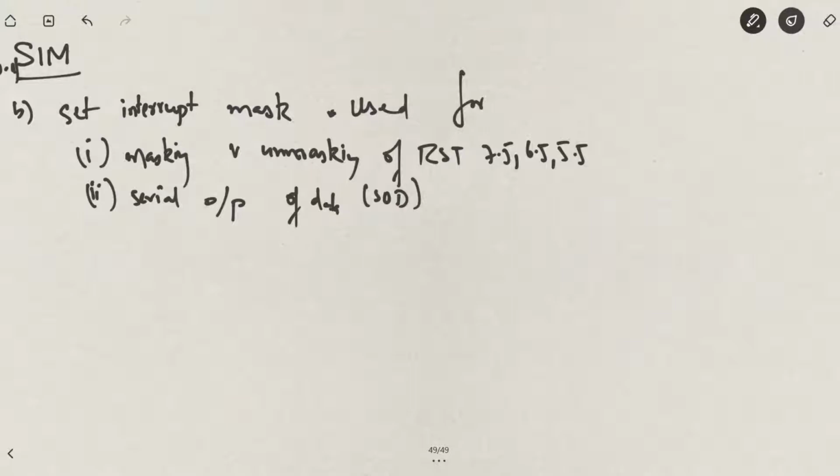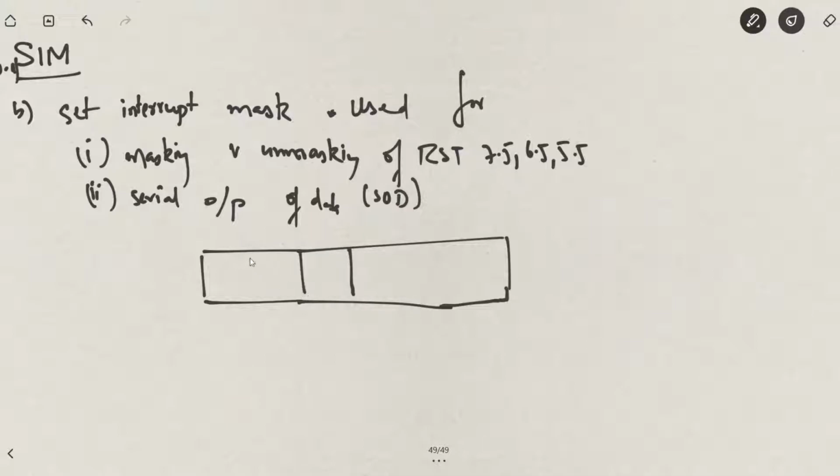And if this is our accumulator, you have SOD, you have SOE, you have X, you have R7.5, you have MSE.